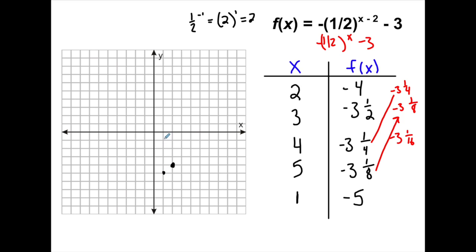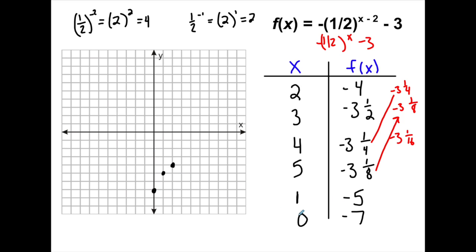And I've got a feeling that the next one will be off the graph, but let's see. 0. 0 minus 2 is negative 2. 1/2 to the negative 2 is equal to 2 to the positive 2, because you flip and then it becomes positive, which is 4. That makes it a negative 4. Minus 3 is negative 7.